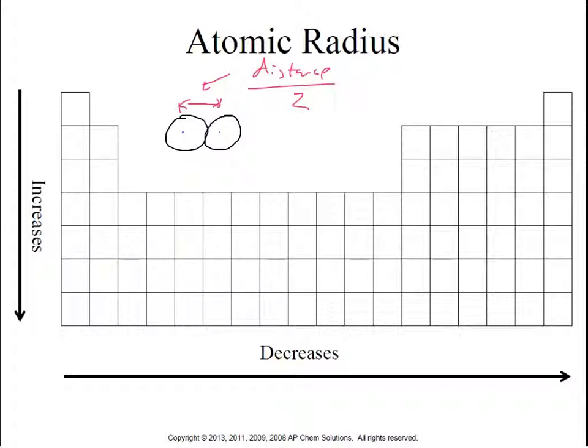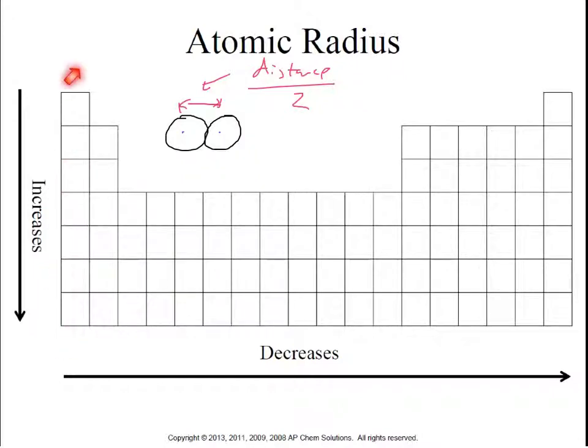So atoms actually shrink as you go from this side to this side. So that means sodium would be larger than neon, and potassium would be larger than bromine and krypton. So it decreases as you go from left to right, even though the numbers get bigger.